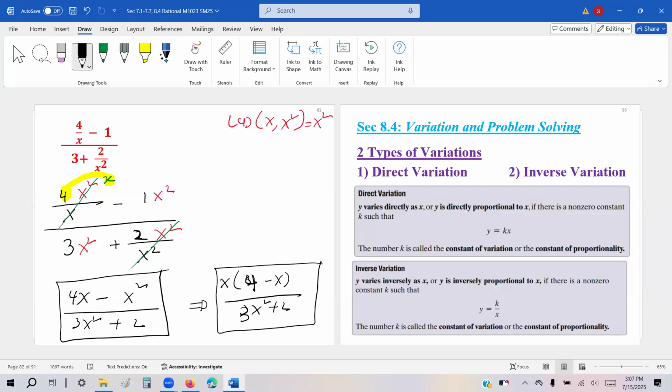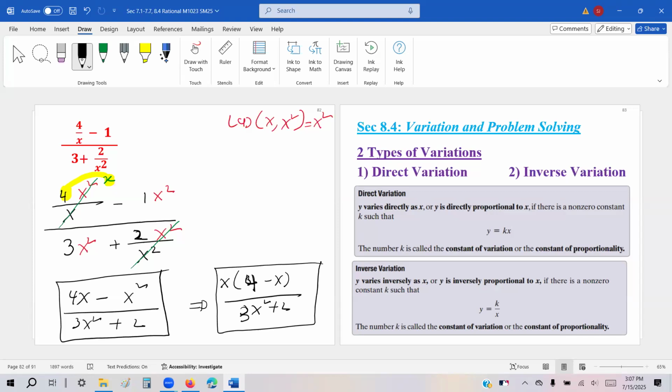What type of relationship is this? Direct or inverse? Direct means if one is increasing, the other is increasing. If one is decreasing, the other is decreasing. So they have a direct relationship. Inverse means if one is increasing, the other is going down, or if one is going down, the other is going up. So they have an inverse relation.